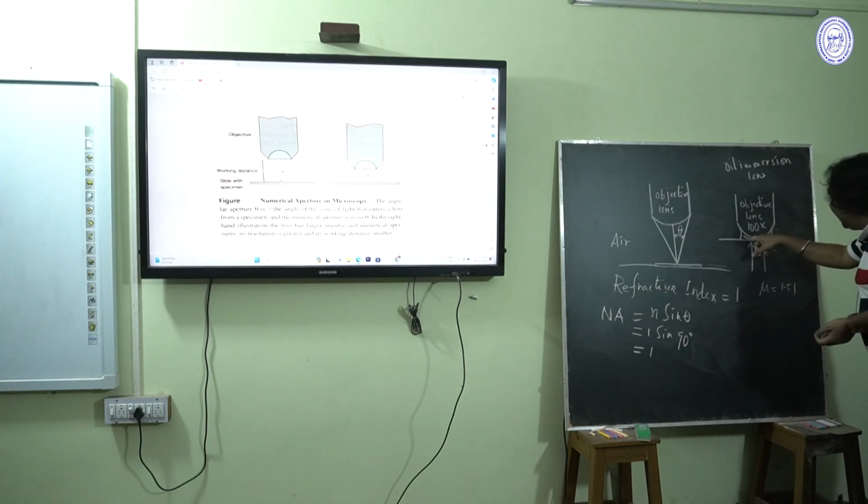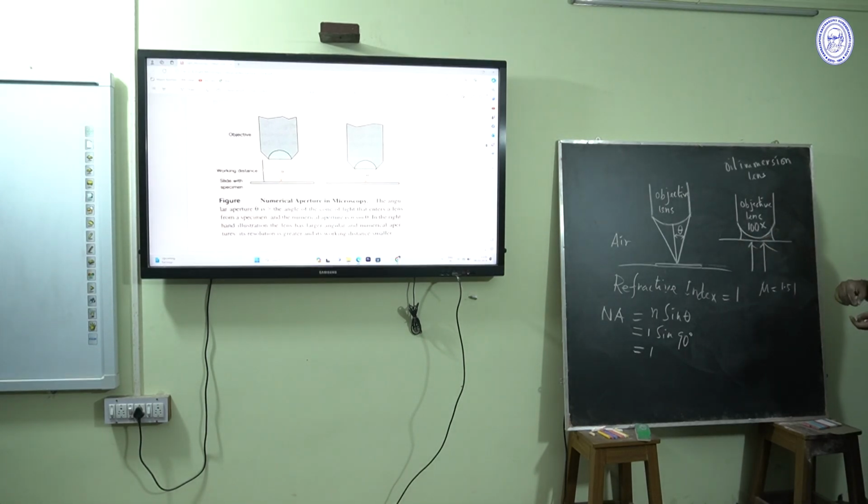And here there is a gap, which is filled with air. When the refractive indices of two different media are different, light may diffract. That means bending of light, and this may cause loss of light. So we have to minimize this.